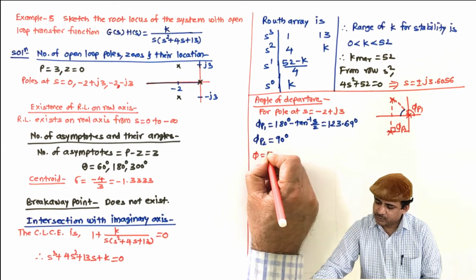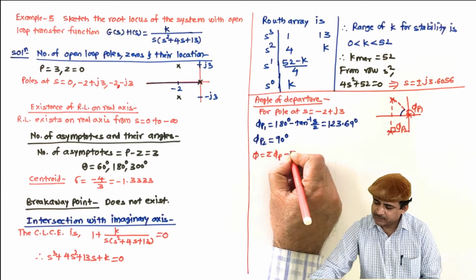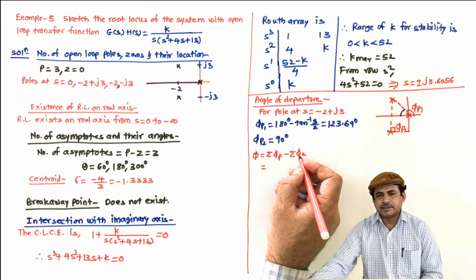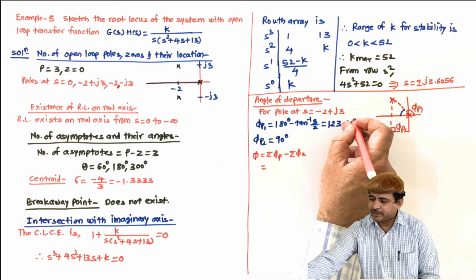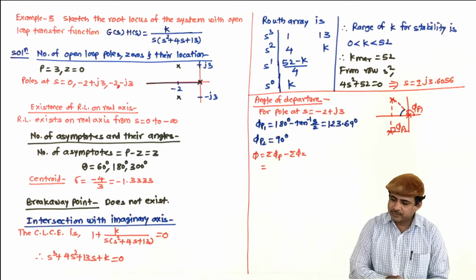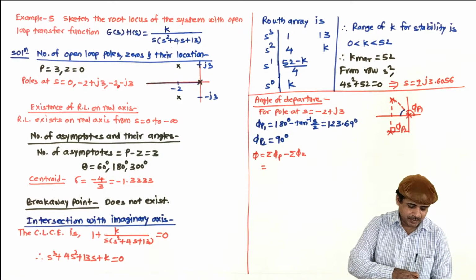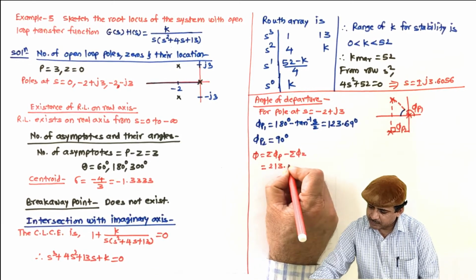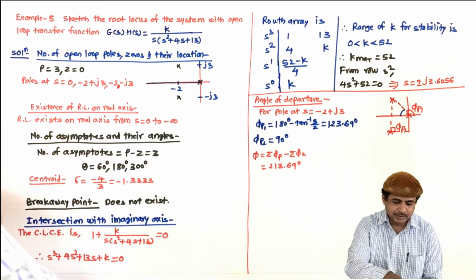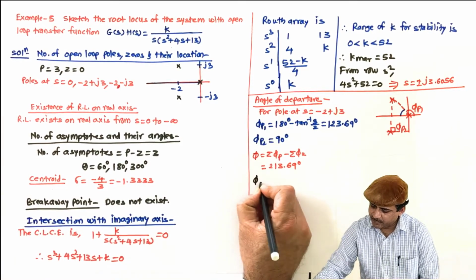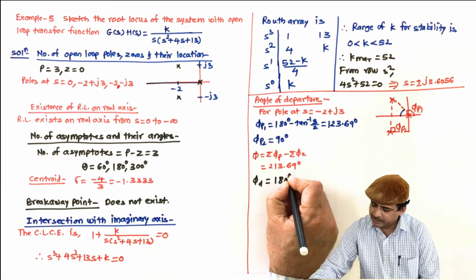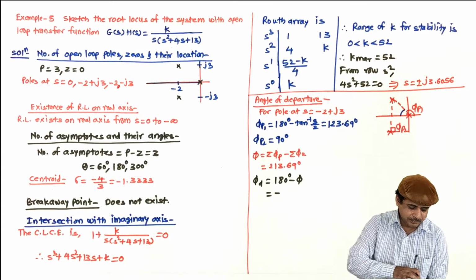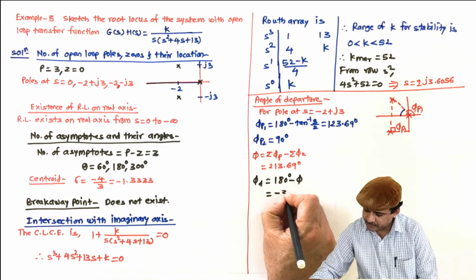So phi is equal to summation phi p minus summation phi z. There is no zero, so phi z is 0, and the summation of these two will be the summation phi p. So it is 213.69 degrees, and then phi d, the angle of departure, is 180 degrees minus phi, so it is minus 33.69.